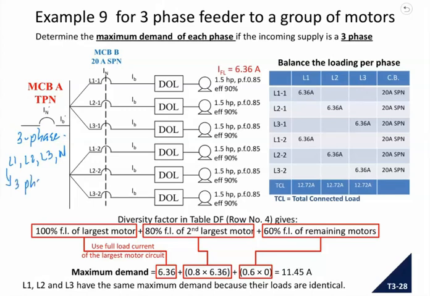three phases. So L1 and neutral, L2 and neutral, L3 and neutral. And we tabulate this in a table like this, L1, L2, and L3. And then we start to assign to each of these three phases.